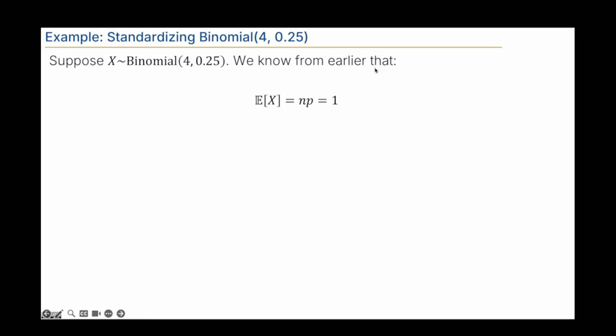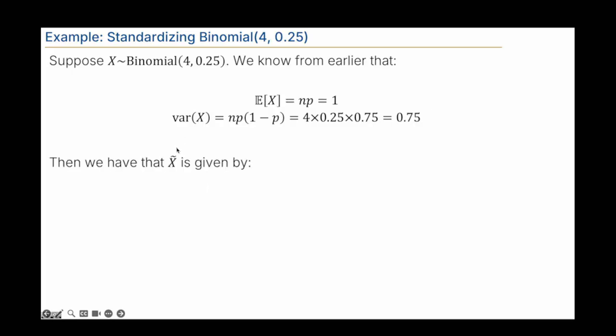So on average, flipping 4 coins that come up heads a quarter of the time, we get 1. And then the variance, a formula we did not show in class but which is in the notes from the previous lecture, is n times p times 1 minus p, and we get 0.75. If we know those two facts, then x tilde, the standardized version of x, is just going to be x minus 1 over the standard deviation, which is the square root of the variance.